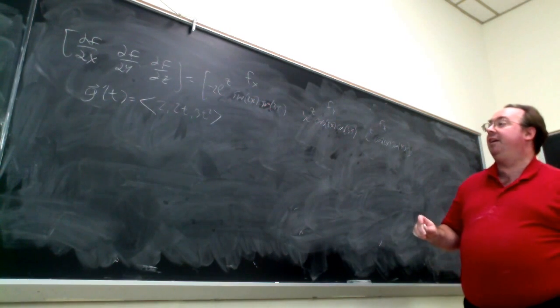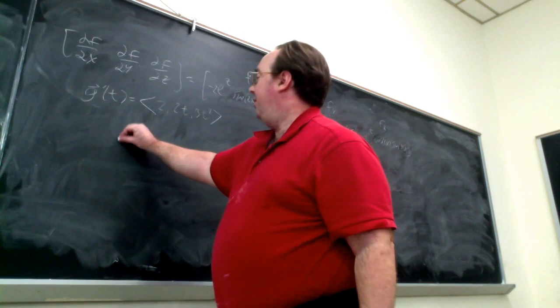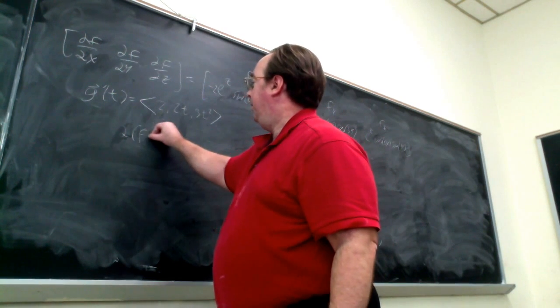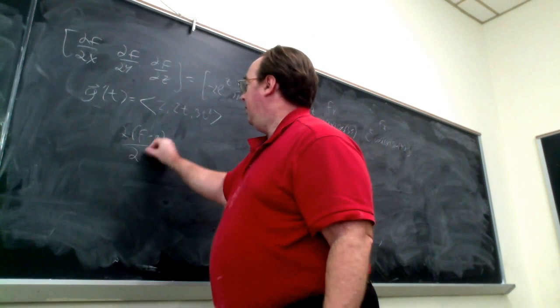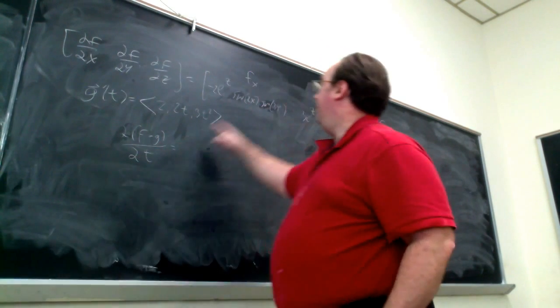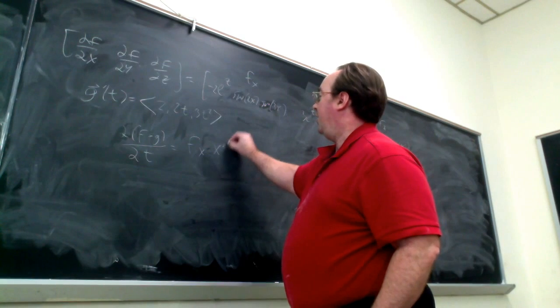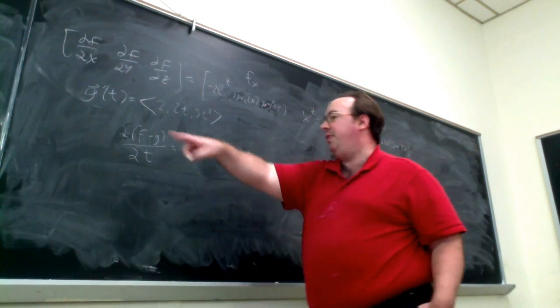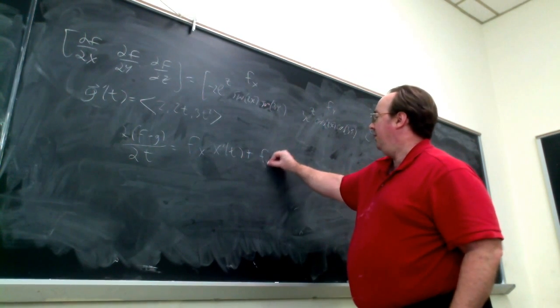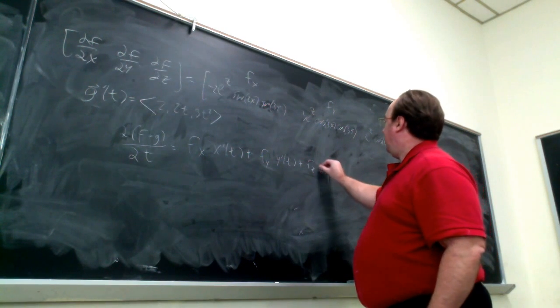Okay. And how are they combined? Well, that's what we have down here. So partial of f composed of g with respect to t. So we have fx, x prime of t. So same thing as over there, just writing it a little differently. Fy, y prime of t plus fz, z prime of t.